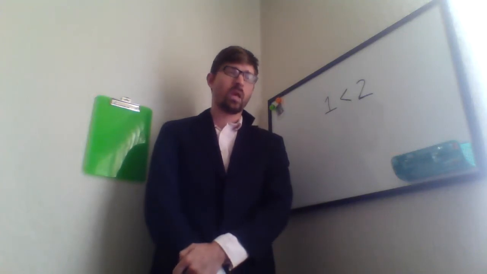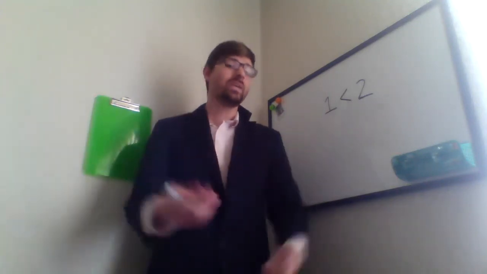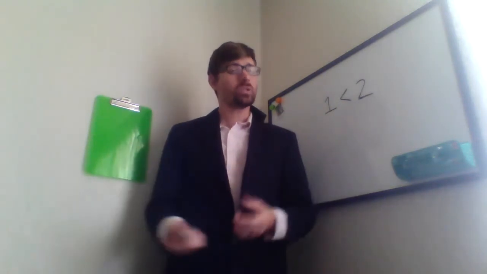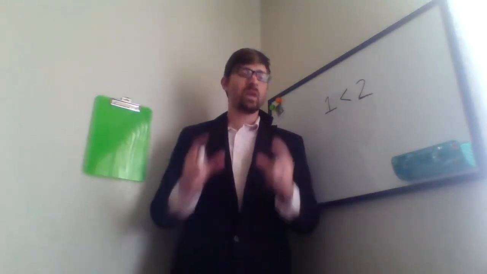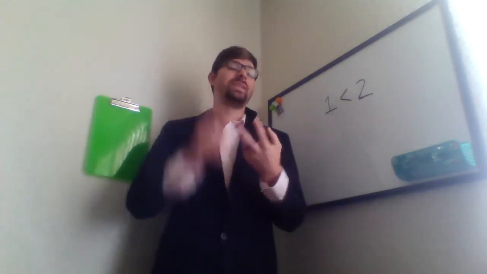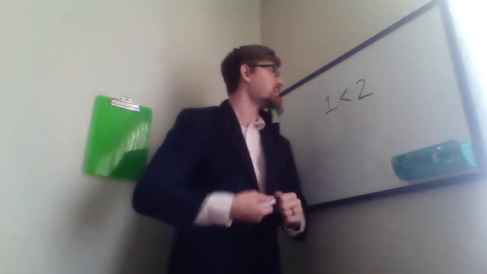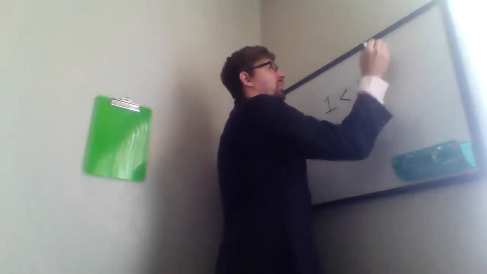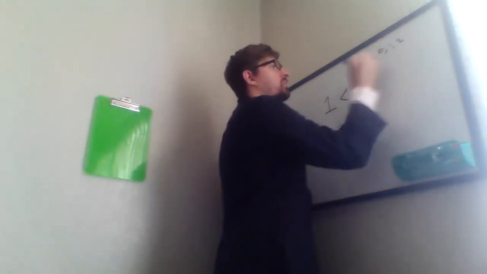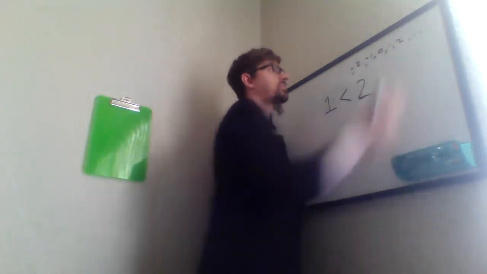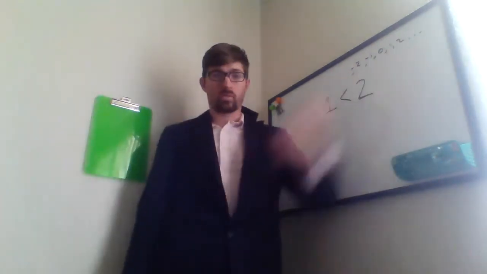Okay? Now, when we start getting into negative numbers, we get into what are called integers. And the integers is a set of numbers where you have 0 included, as well as negative numbers. Okay? So now, for integers, we have -1, 0, 1, 2, going over here, and so on and so forth.